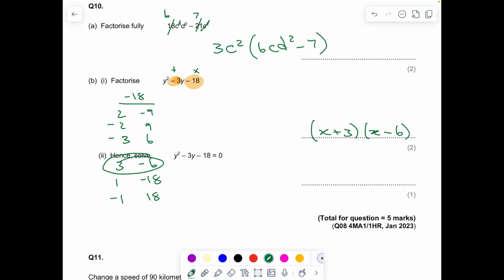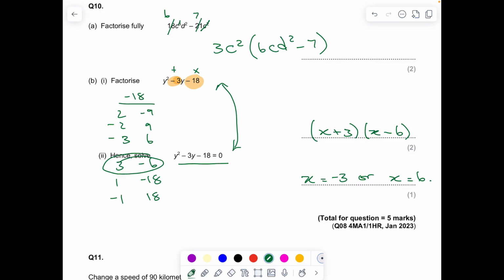And then it says, hence solve this equation here. Obviously, it's related to part B. We haven't done this, but it's only worth 1 mark. And so it would be x equals minus 3 or x equals 6, but we'll do it in more detail. Oh, sorry, and these are y's.